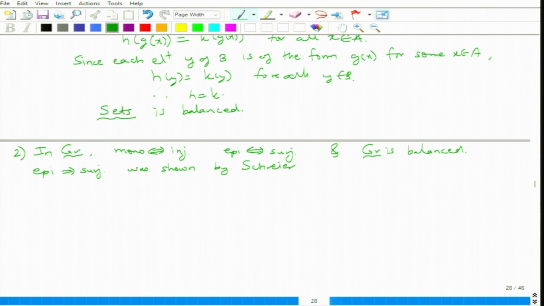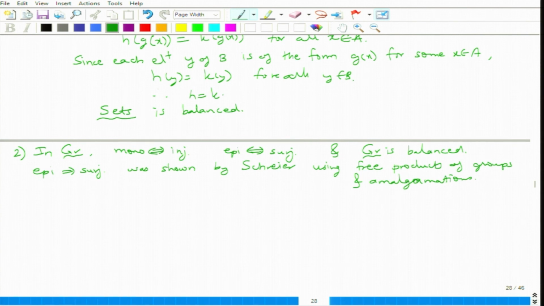So this property was shown by Schreier using free products of groups and amalgamations. You have seen these things in algebraic topology, the Van Kampen theorem.